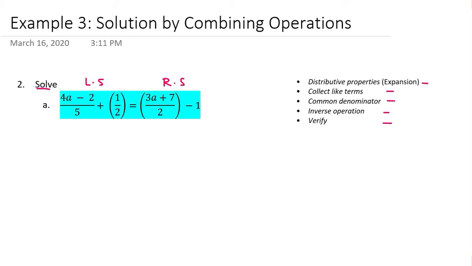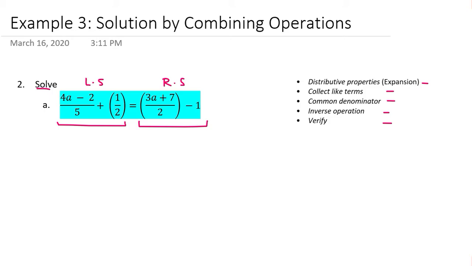So in order to solve this question, one thing we need to take note of is that the left side has its own fraction and the right side has its own fractions. So we have to treat the left side fraction independent of the right side fraction.